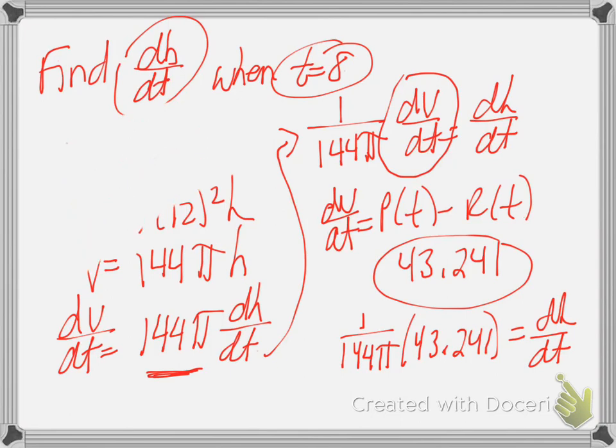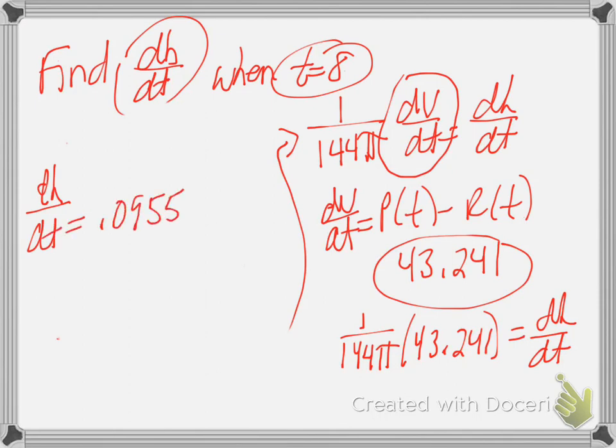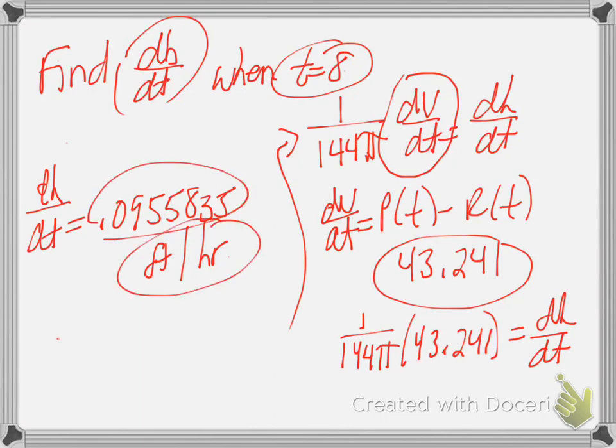So you're going to use your calculator, and you're going to get that dH over dt is equal to 0.0955835. It says indicate units of measure. This is going to be feet per hour. And the answer was worth 1 point, and the units was worth 1 point. And that finishes the homework.